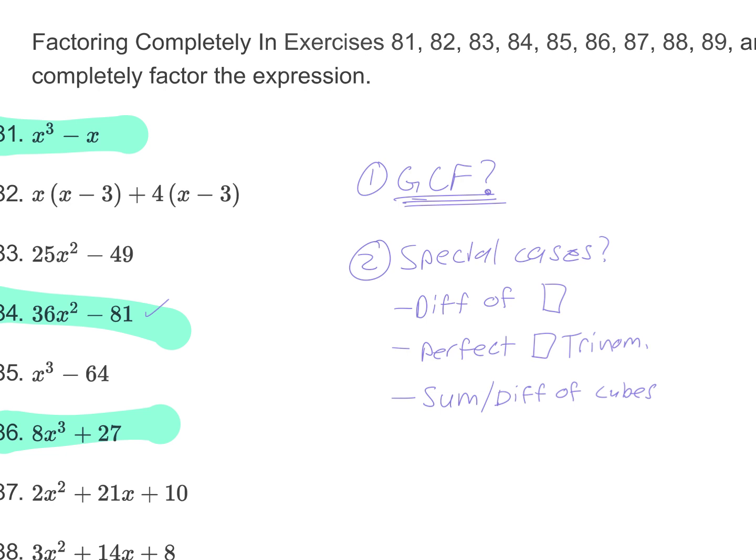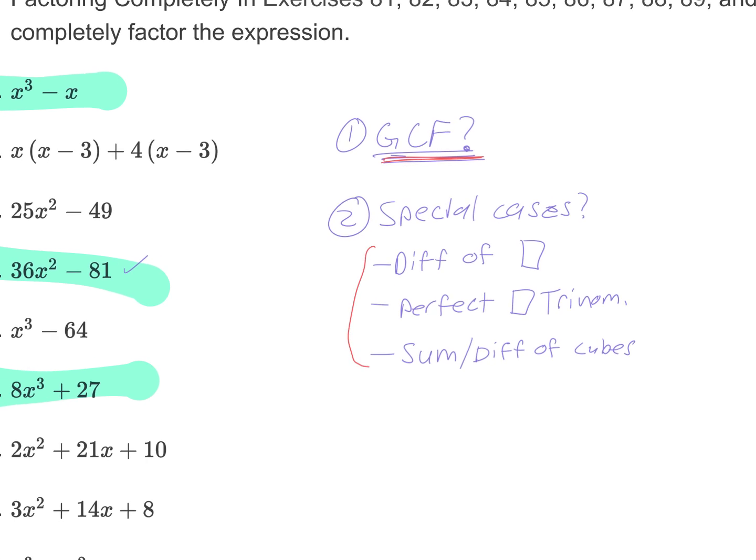So this is what we should be checking every single time. Again, very first thing is the GCF, and then check for your special cases. After this test, there's going to be a step 3 and a step 4. But just for the sake of this test, it's only going to be one of these two, or both.